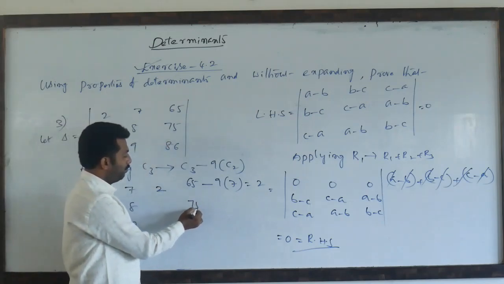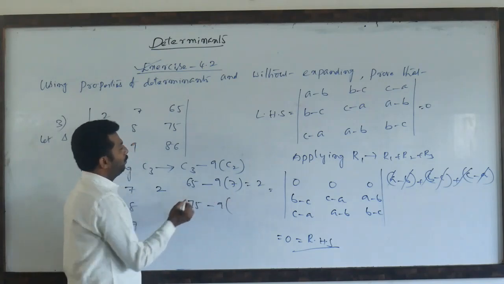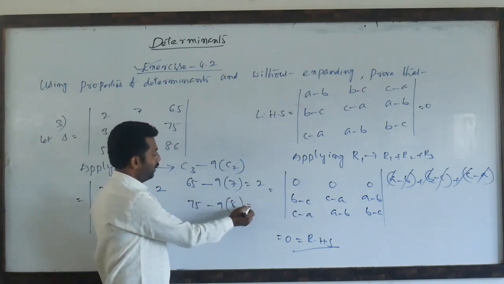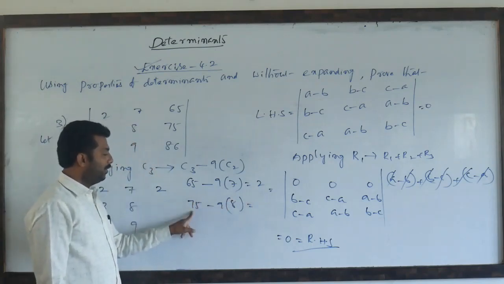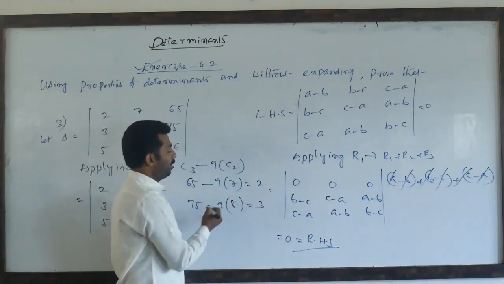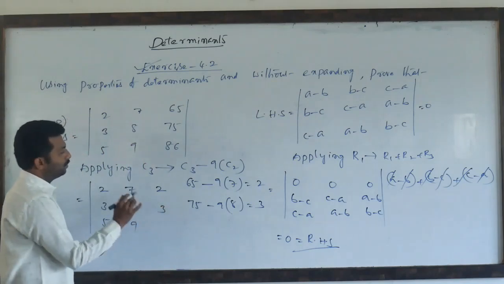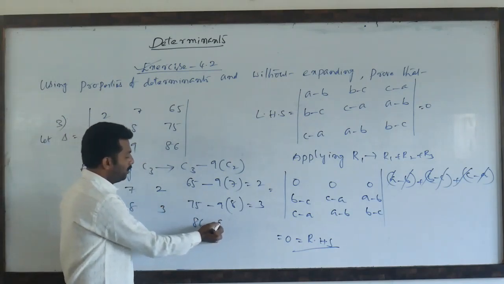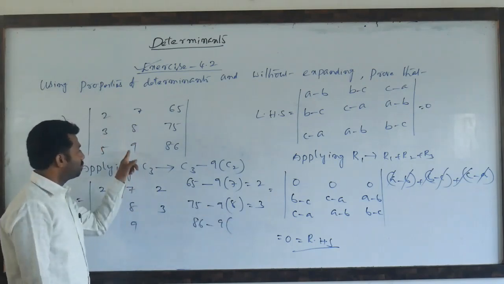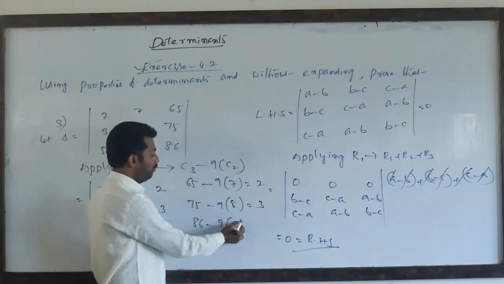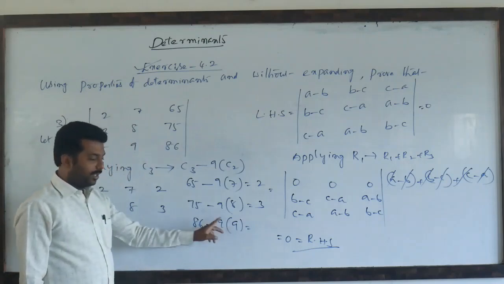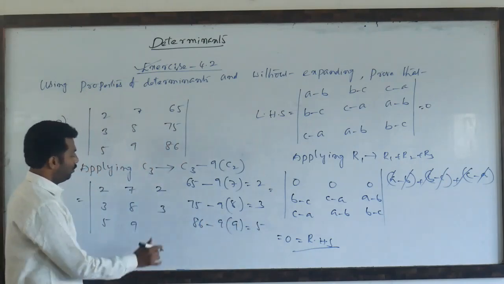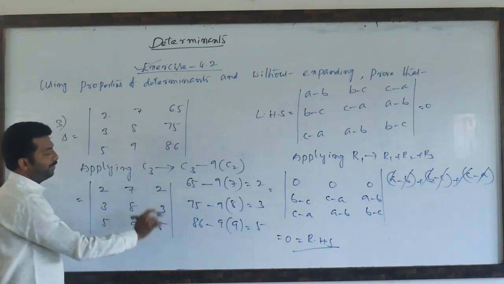C3 minus 9 times the corresponding C2: the first element is 2. Then 75 minus 9 into 8, that is 72, and 75 minus 72 is 3. Then the third element, 86 minus 9 times 9, that is 81, and 86 minus 81 is 5.